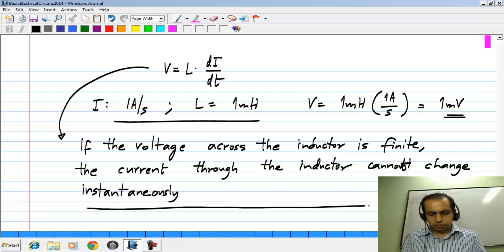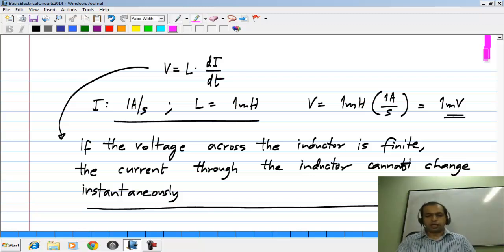Okay. So clearly that's apparent from this relationship. If the current changes instantaneously, the time derivative is infinity and the voltage would have to be infinite as well.